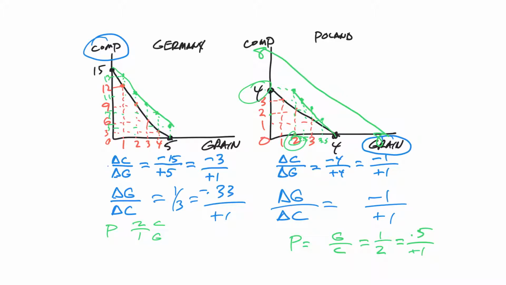Now, one of the questions towards the end says, what if, more realistically, this is for 10 million workers instead of one worker? Nothing changes. The analysis doesn't change at all. All we do is put a bunch of zeros. Add as many zeros as you want, it doesn't change anything.